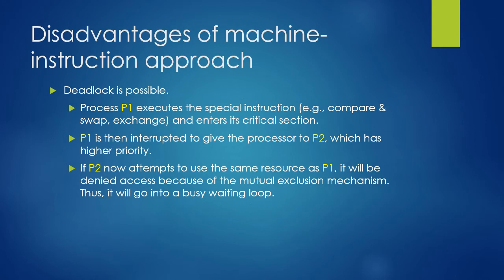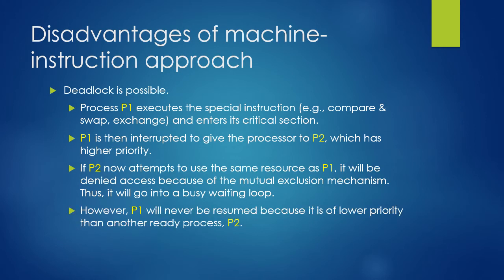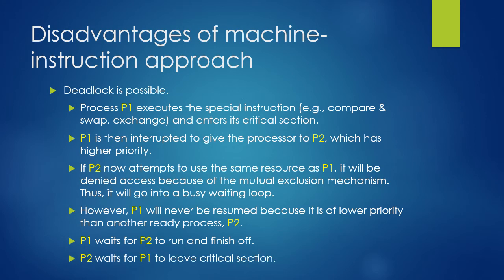Thus, it will go into a busy waiting loop. However, P1 will never be resumed because it is of lower priority than another ready process, P2. P1 waits for P2 to run and finish off. P2 waits for P1 to leave the critical section.